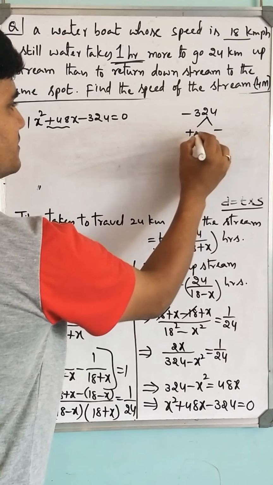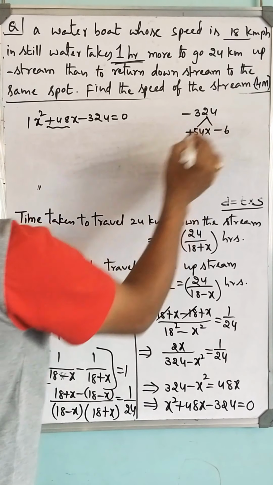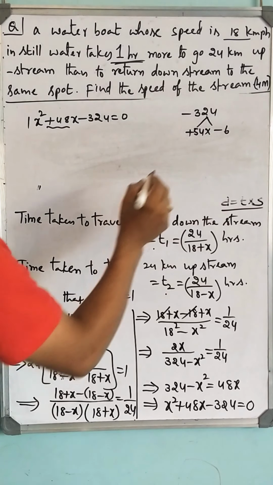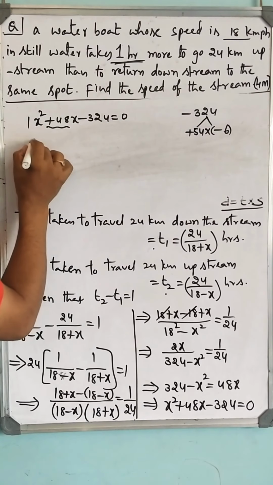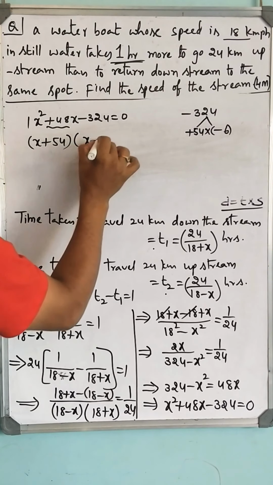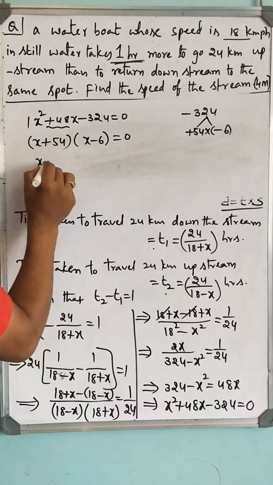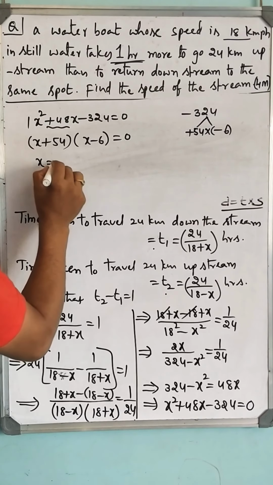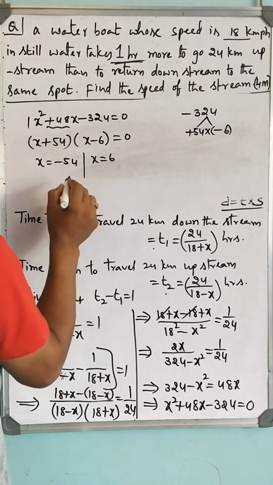Plus 54 into minus 6: 6 times 4 is 24, 6 times 5 is 30, 6 times 9 is 54. So these two factors are suitable here. So if you factorize, it becomes x plus 54 into x minus 6 is equal to 0, and x is equal to minus 54 or x is equal to 6.